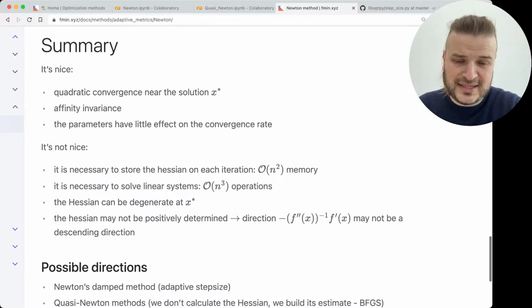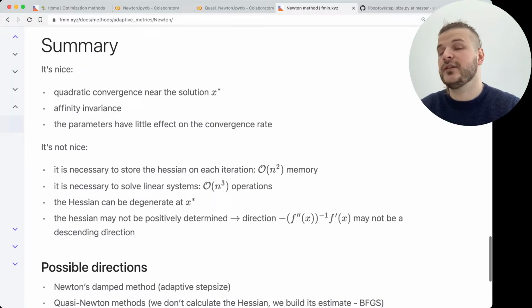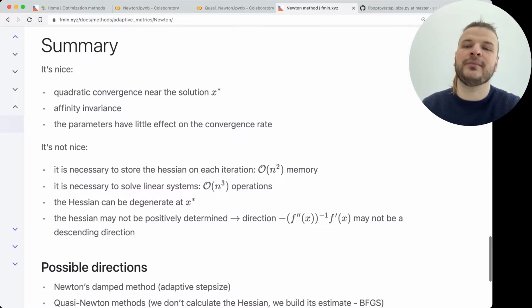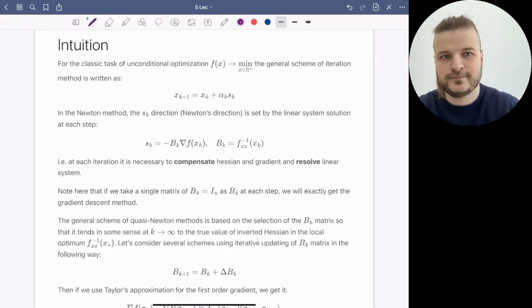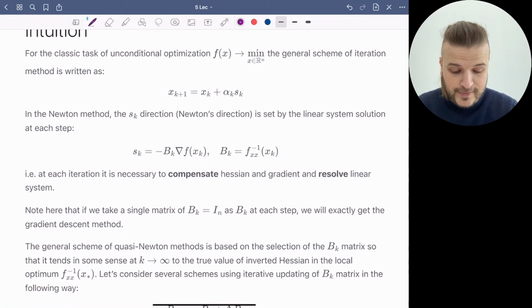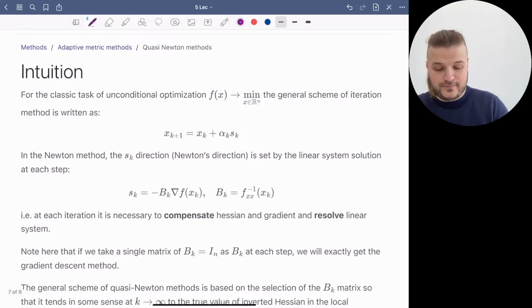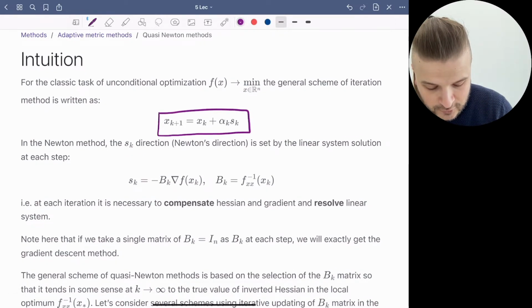But quasi-Newton methods will try to address these issues by significantly reducing the complexity of solving the linear system, and we'll take a look at them. The overall idea is to use some approximation of the Hessian matrix. For example, let's formulate our quasi-Newton method as follows.